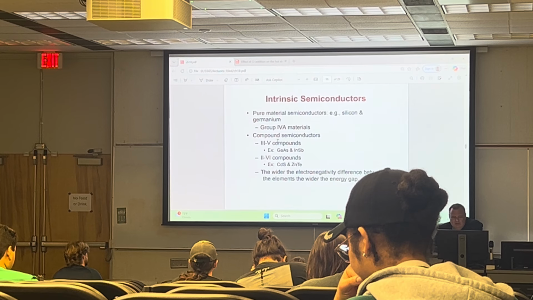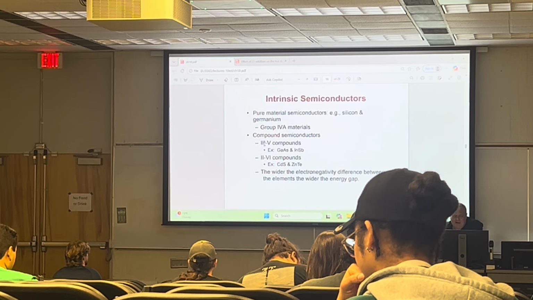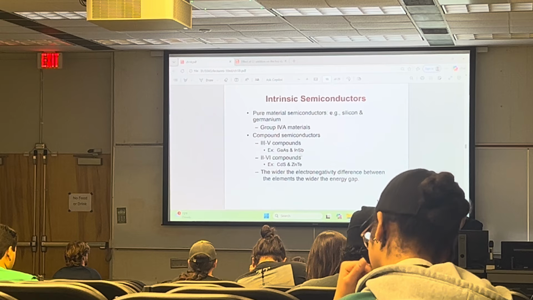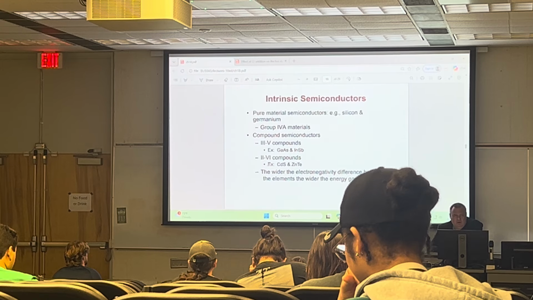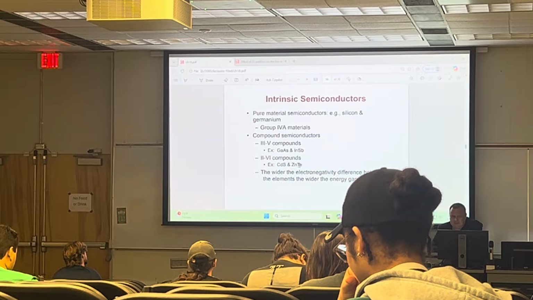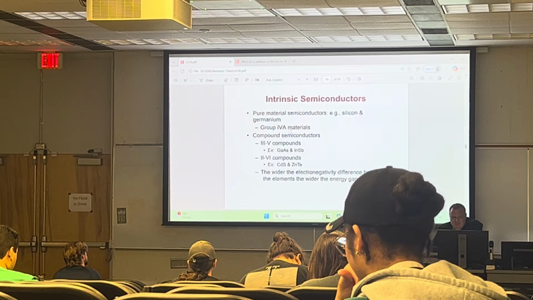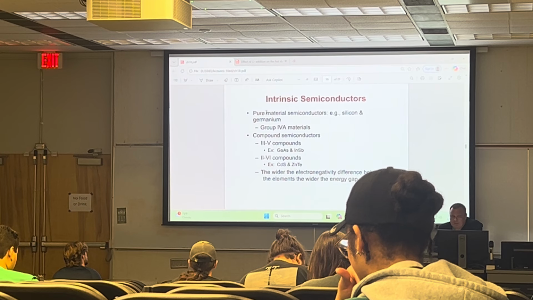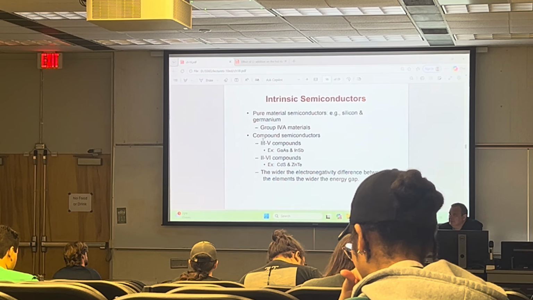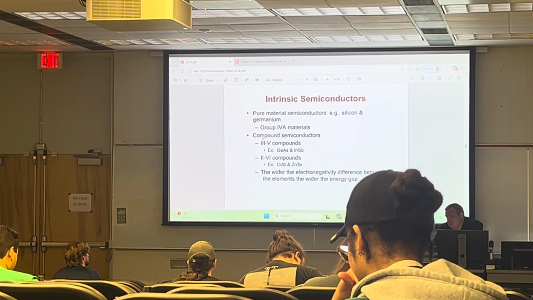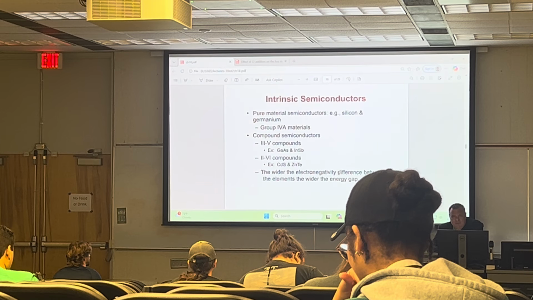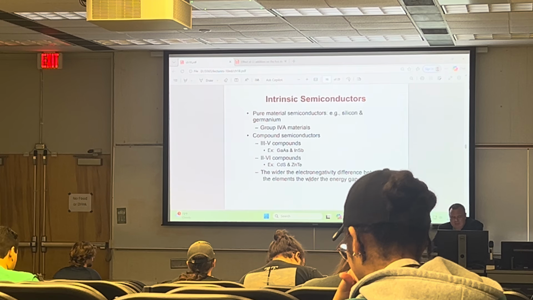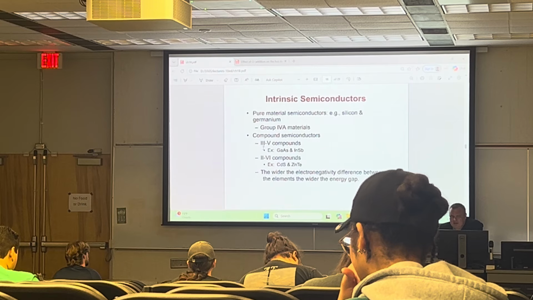Compound semiconductors are called 3-5s, such as gallium arsenide or indium antimonide, or 2-6 compounds such as cadmium sulfide or zinc telluride. You understand the difference between pure versus compound. It's pretty straightforward, right? But the wider the electronegativity difference between the elements, the wider the energy gap.